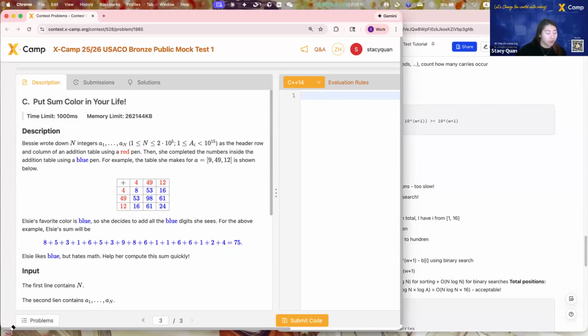I first need to look only at this 9, to find how many pairs with 49 end up with a carry in the tens position.